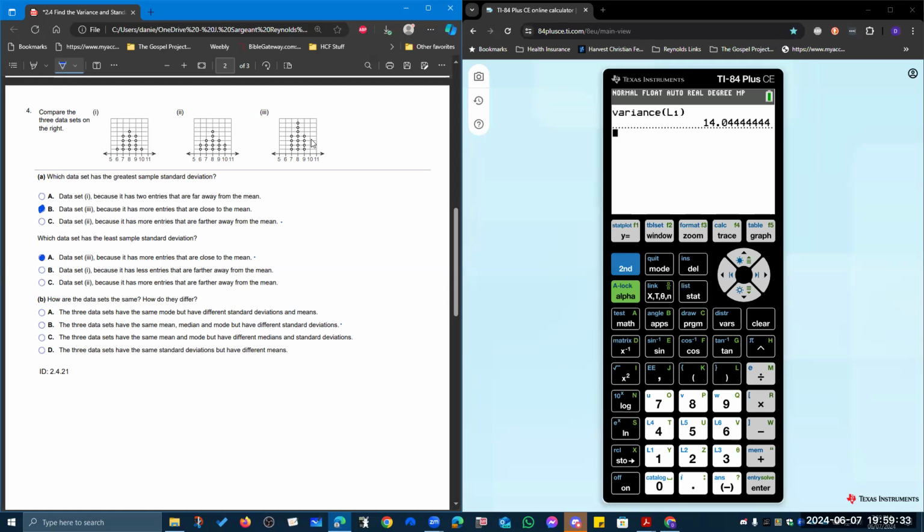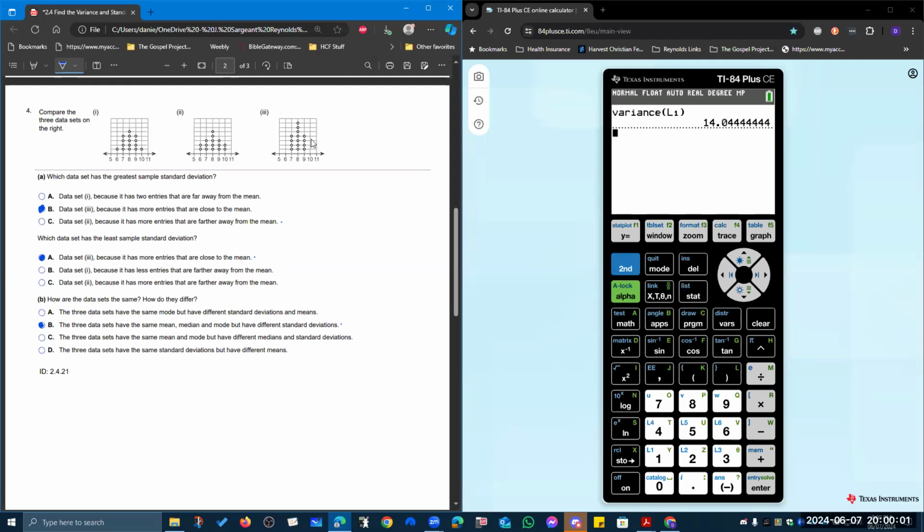And how are the data sets the same and how are they different? The three data sets have the same mean, median, and mode, but have different standard deviations. 8 is the mean, median, and mode for all three data sets.